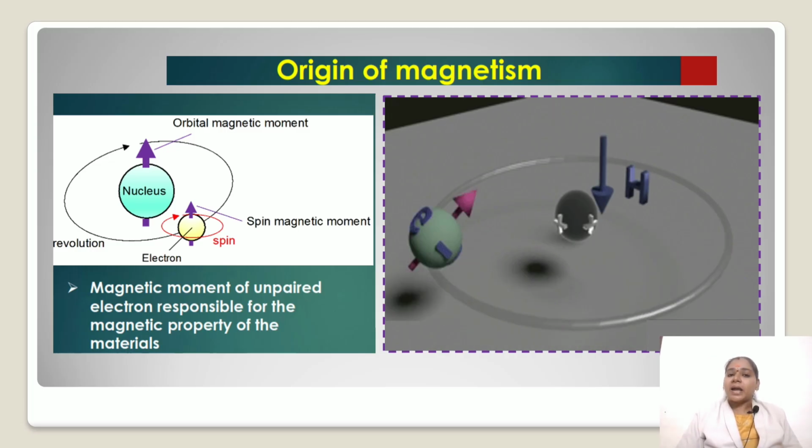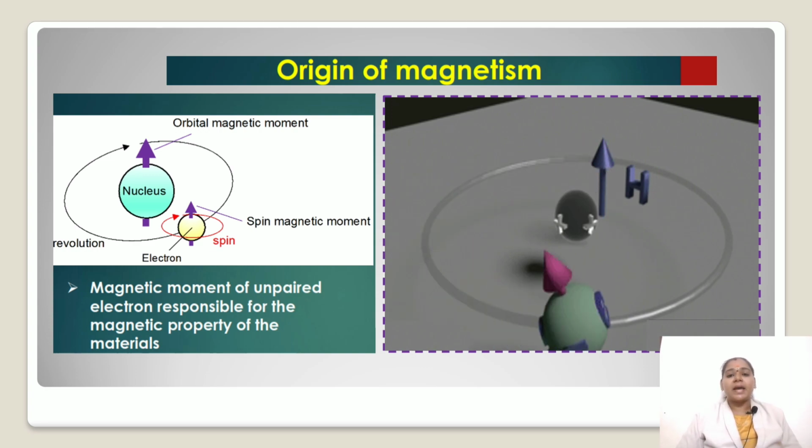So the magnetic behavior of materials: in atoms where electrons are paired, their spin magnetic moments cancel each other out. But in atoms with unpaired electrons, the magnetic moments do not cancel. These unpaired electrons contribute to the net magnetic moment of the atom and are responsible for the material's magnetic properties.